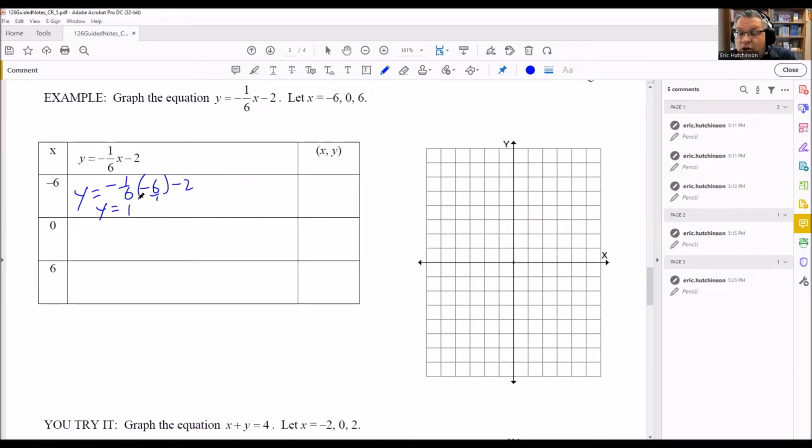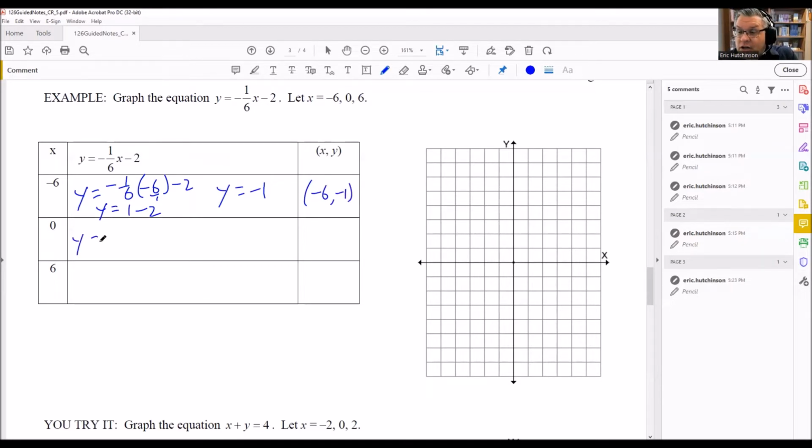We actually just get a 1 as a result. If you multiply across the top, across the bottom, you would get -6 over -6, which reduces to 1. Next, we have a -2 there. So when we subtract those, we get a -1. Okay, so don't forget about the -2 on the end. 1 minus 2 is -1, so we get the point -6, -1.